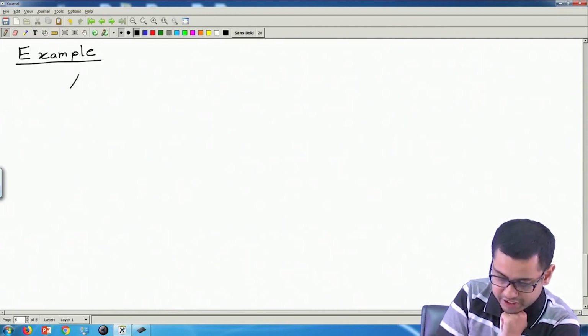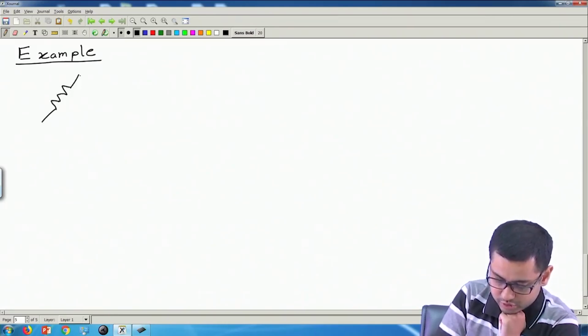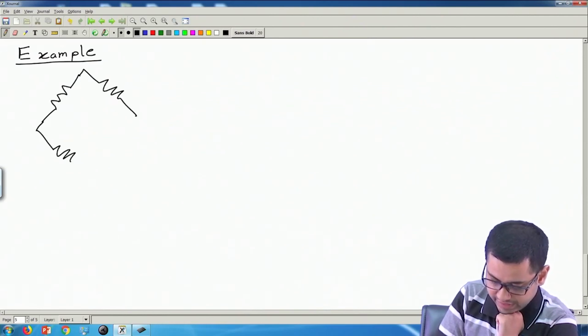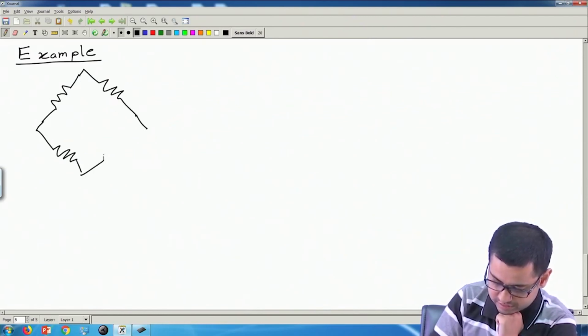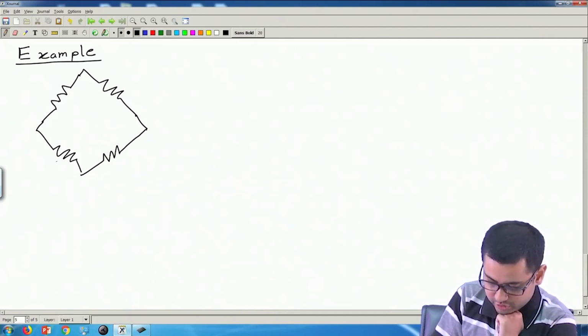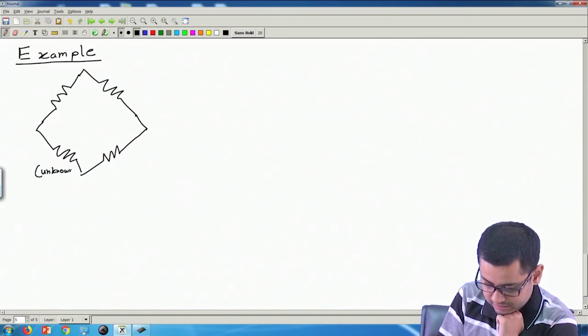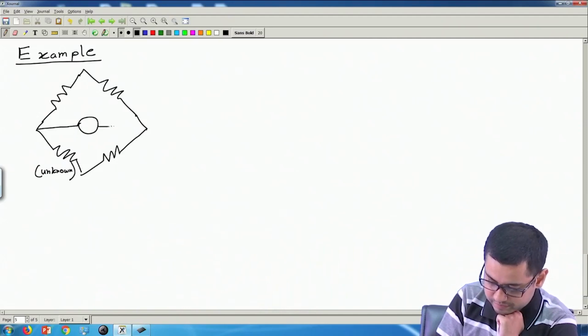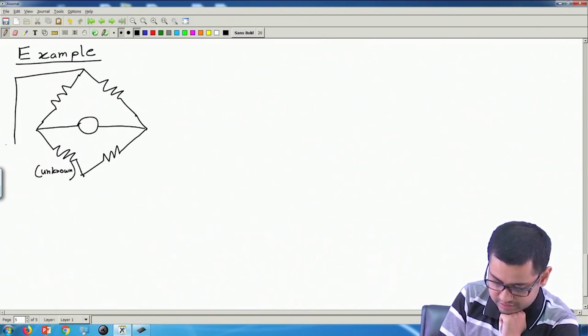Say we have a bridge which is like this, and this is the unknown branch, and say we have the detector here, and the supply.